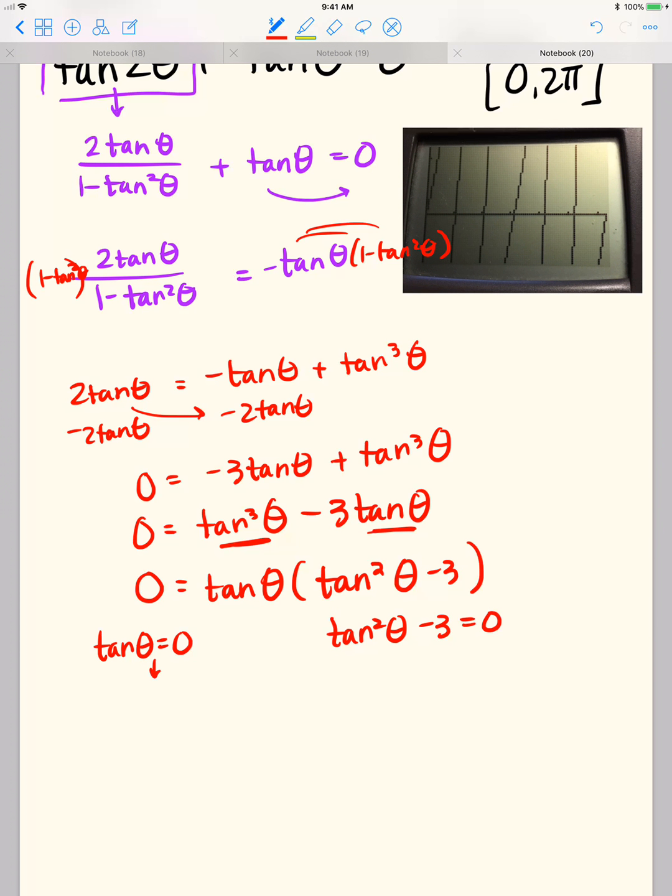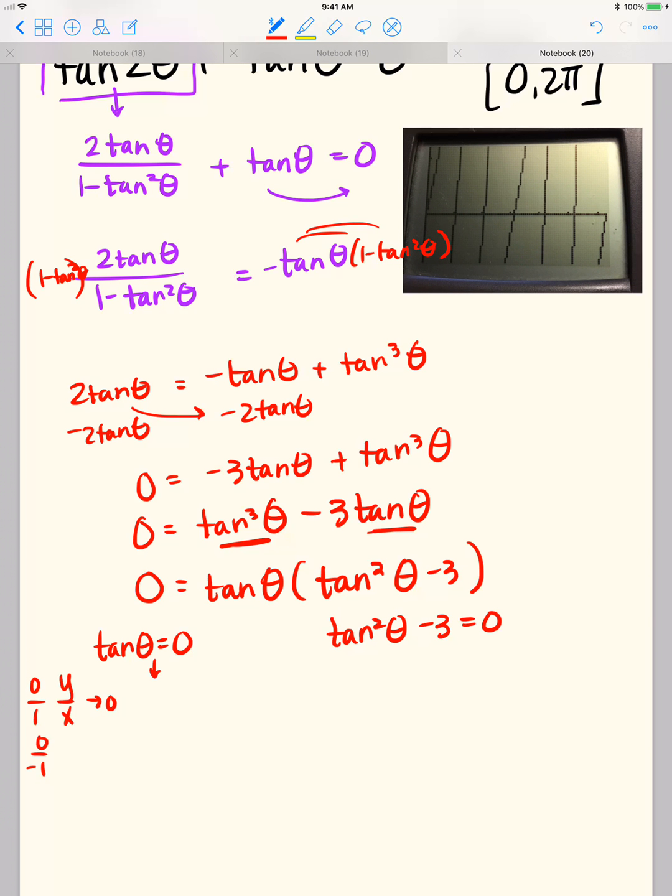Tangent of theta is 0 whenever y over x gives you 0, and that would really only happen at those top left, bottom right points where the values are 0 and 1. The only way you're going to get 0 is if you do 0 over 1 or 0 over negative 1. If you divide by 0, your tangent would be undefined.